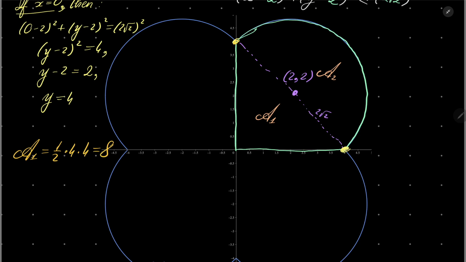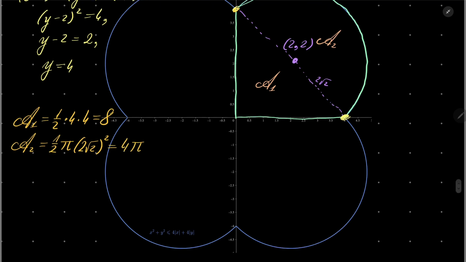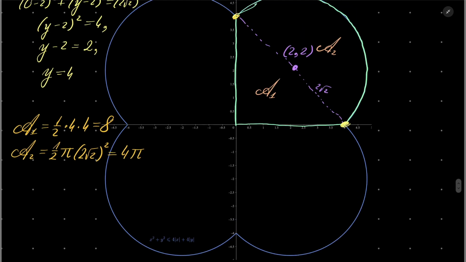And what's our second area? Well, it's a semicircle. The area of a circle is pi r squared, so it's 1/2 pi r squared. So it's 8 over 2, 4 times pi. So the area of our entire figure has 4 such triangles and 4 such semicircles.